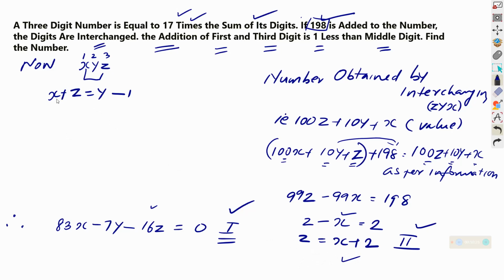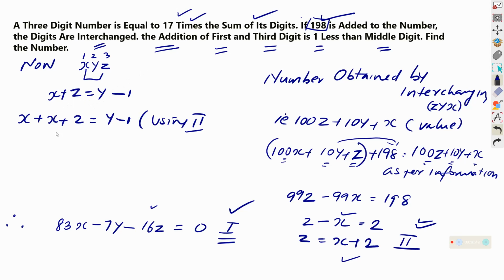In that case, we know that z is equal to x plus 2. So we are substituting x plus 2 there, in place of z, and we get another equation.